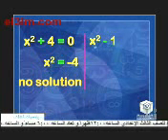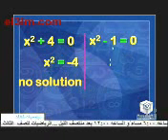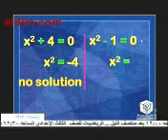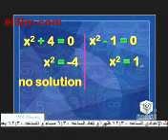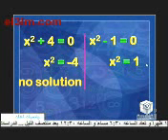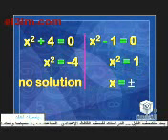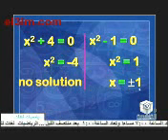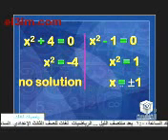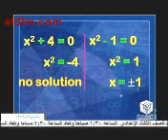But the second part, x² - 1 = 0, by transferring -1 to the other side as positive, x² = 1. Now by taking the square root, the square root of x² is x, and the square root of 1 is positive or negative 1. So we have two possible solutions in this part. Maybe x equals positive 1, and maybe it equals negative 1.